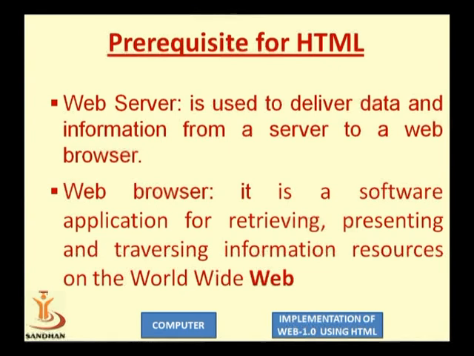A web server is used to deliver data and information from a server to a web browser. What is a web browser? A web browser is a software application. It is used to retrieve, present and traverse information resources on the World Wide Web. So before we go forward, the concepts of web server and web browser should be clear, right?